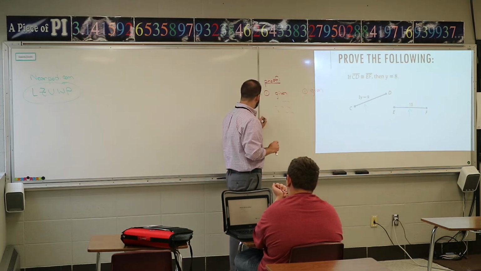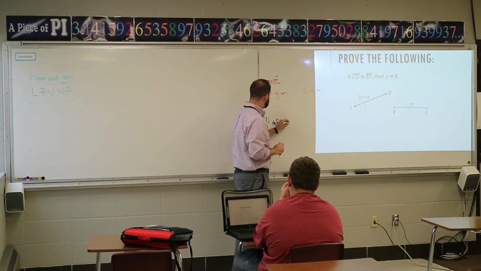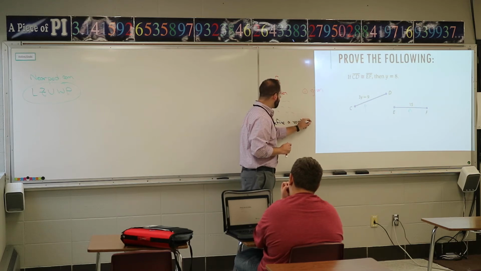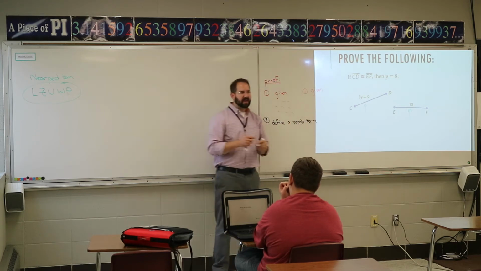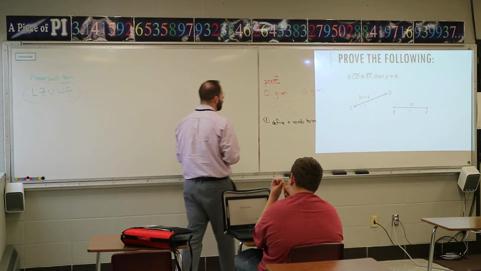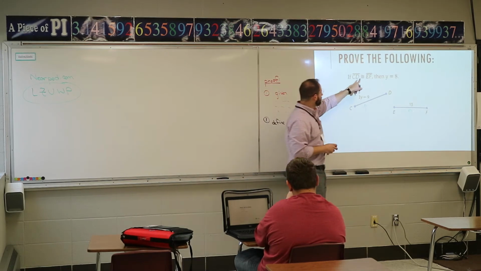Line 2 is to define a vocab term. Define a vocab term, or if they used fancy terminology, state what that means in terms of an equation. In my case, I think even Jacob Hassler here said it.